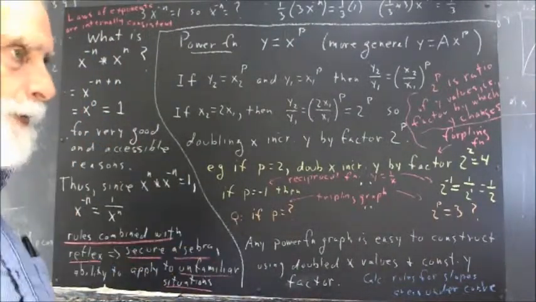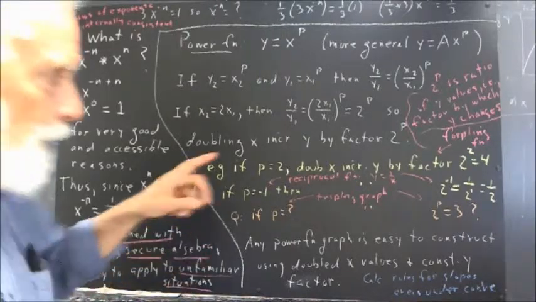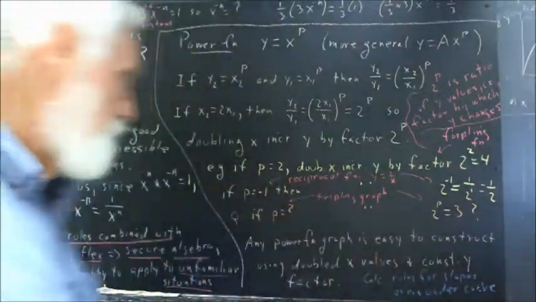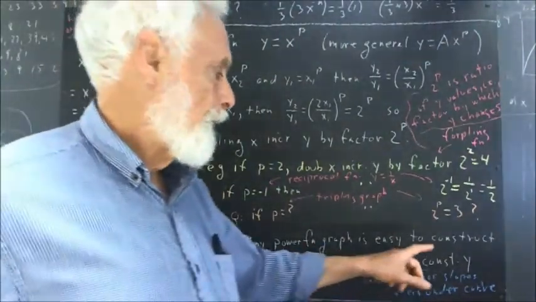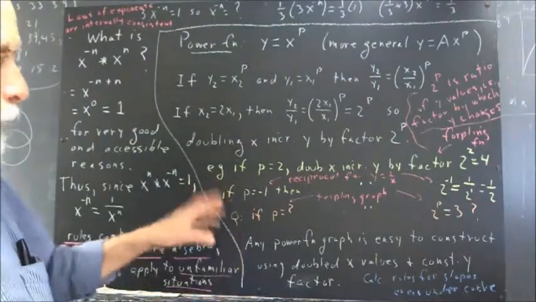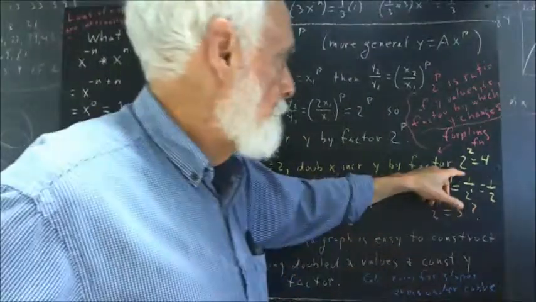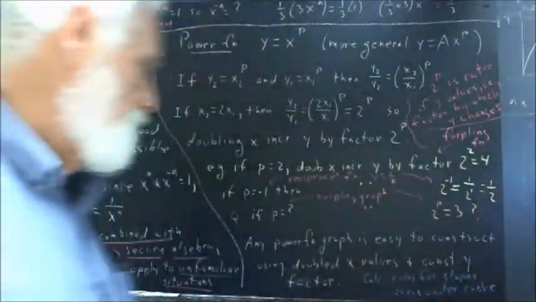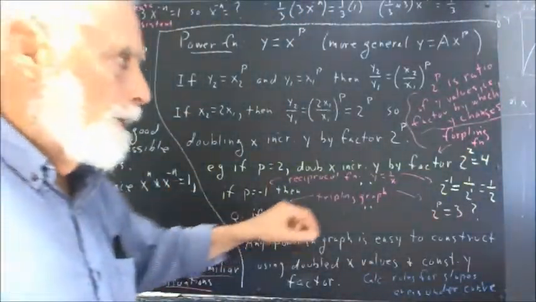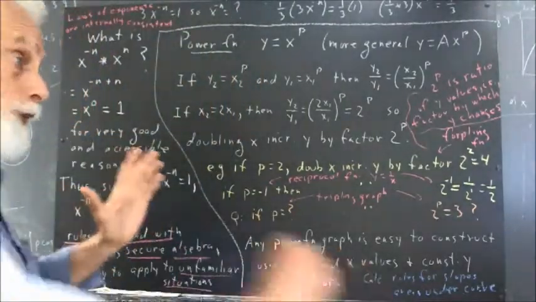Now the other thing is that any power function is easy to construct using doubled x values and a constant y factor. If you want to construct the p equals 2 function, the y factor is going to be 2 squared, which is 4. So you're going to list a bunch of doubled x values and construct those along an axis.